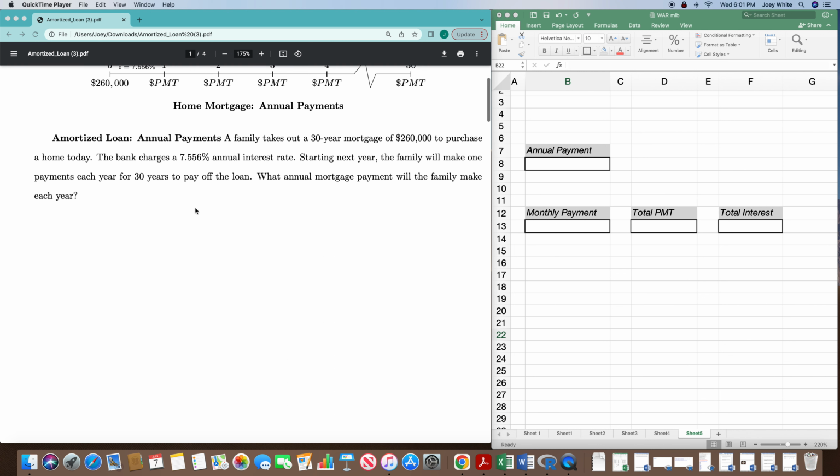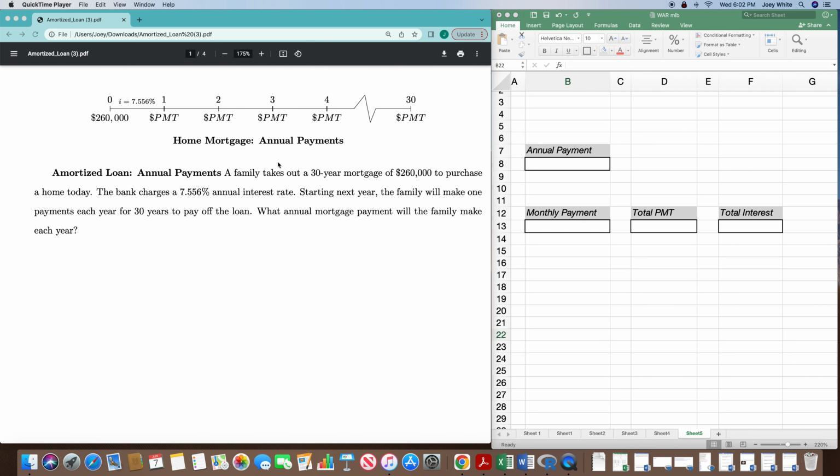We can solve this by using the PMT function in Excel. We'll do equal sign, PMT, open parentheses. The rate the family's charged is 0.07556, comma. Number of periods, that's 30, comma.